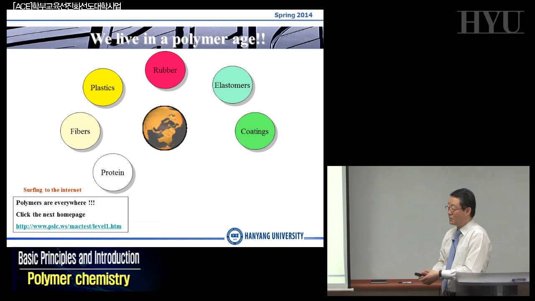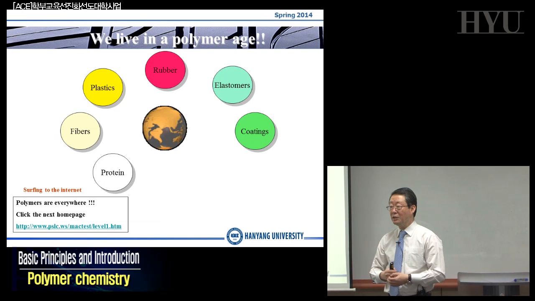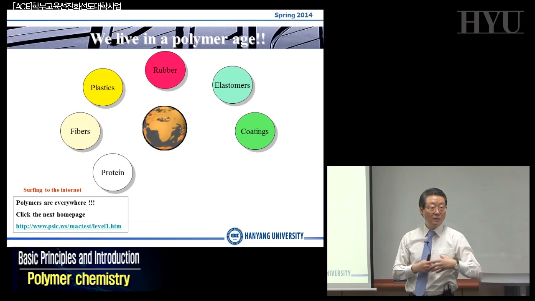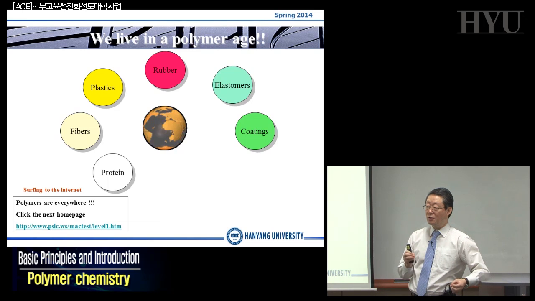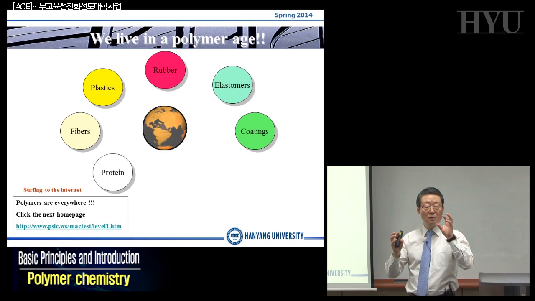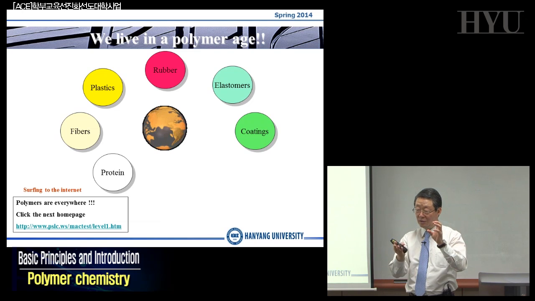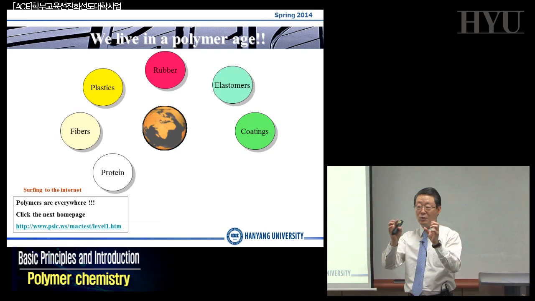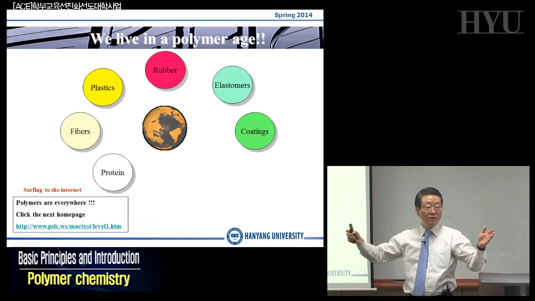What else? Oh, it says protein. Okay? Protein is a biopolymer. Your body is made of protein, and this protein is made of monomeric units called amino acids. Amino acid contains one amine group and one carboxylic acid group with a CH and some substituent group. So this is the basic component of amino acid, which will polymerize to become a polypeptide, and it's what we call protein.